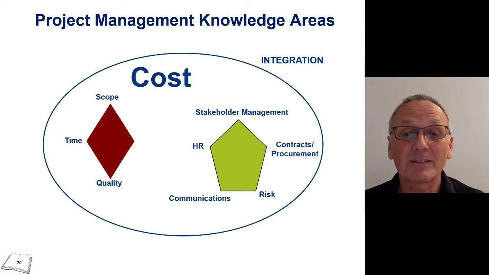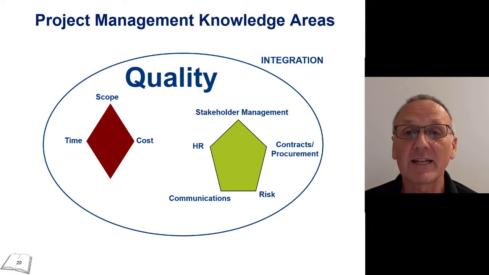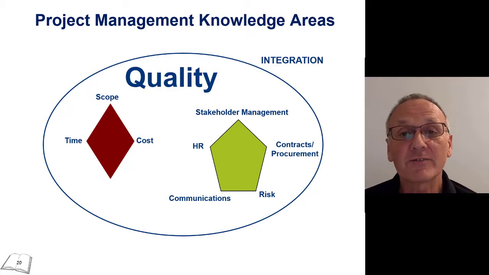Cost management, very similar to time management, takes each of the work from the scope elements and actually puts costings against each of those pieces of work. That allows us to then be able to monitor and control the cost associated with each of the bits of the work in order to achieve the overall cost targets of the project or budget. Quality management. Quality is very important.